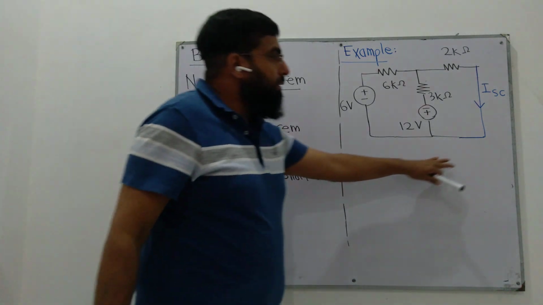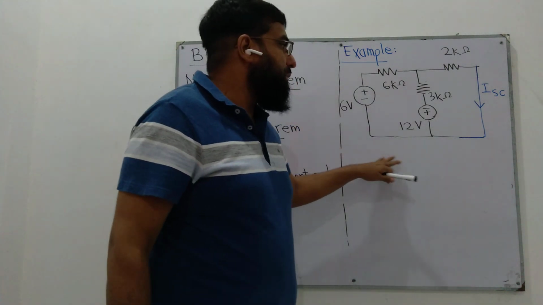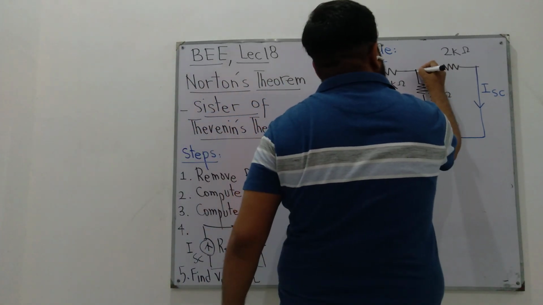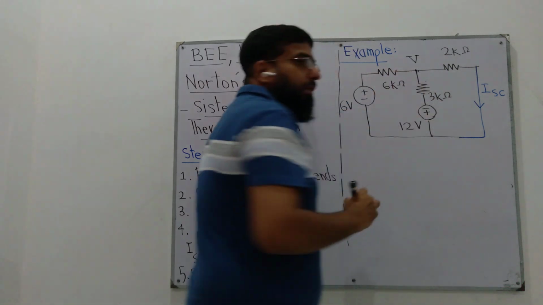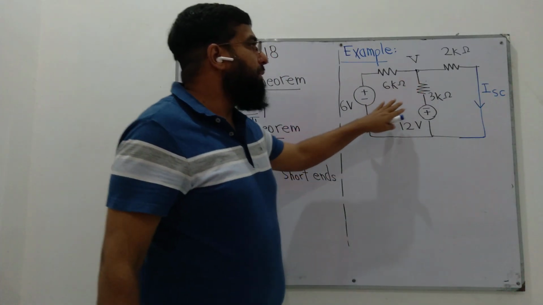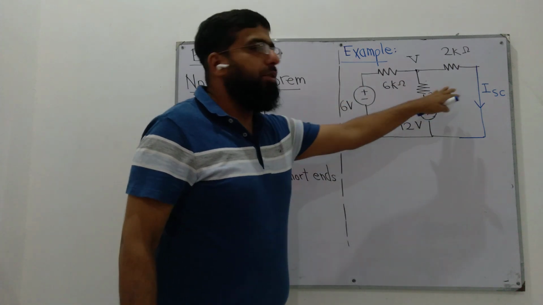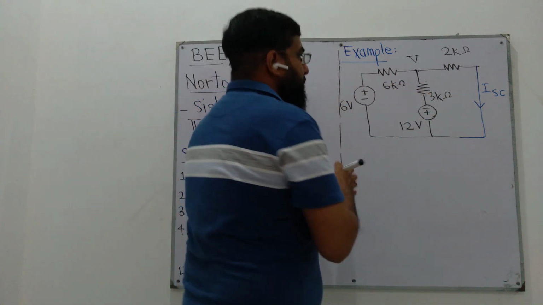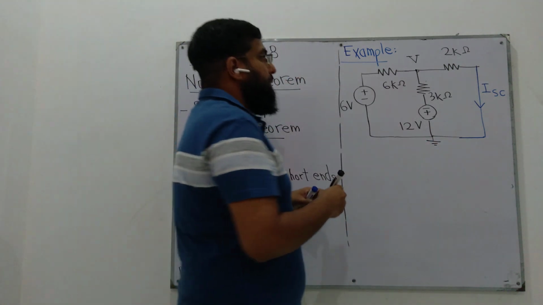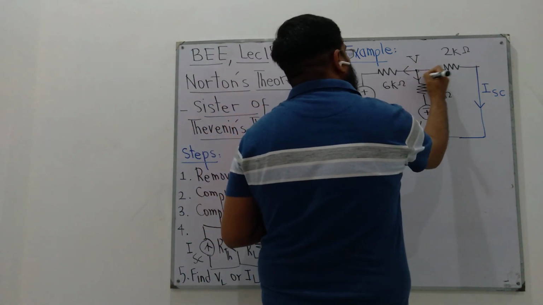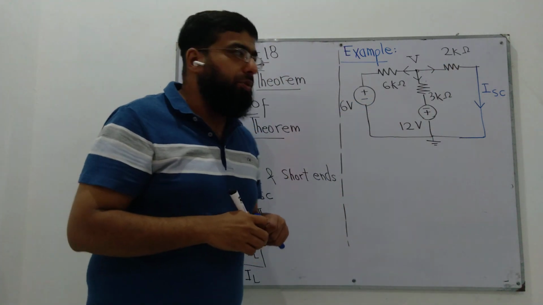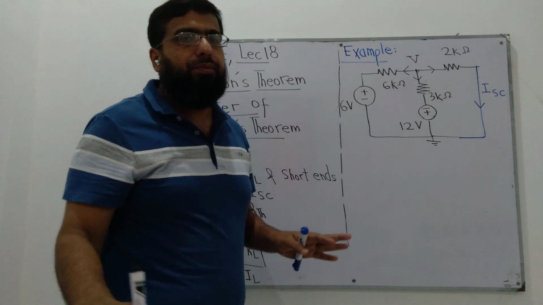To find the short circuit current through this resistor, we have multiple options. Let's try the nodal analysis option. If we apply nodal analysis, we see there are 3 branches connected to this node V, and this is the ground node. The current would be assumed to be moving away from the node in all these 3 directions.